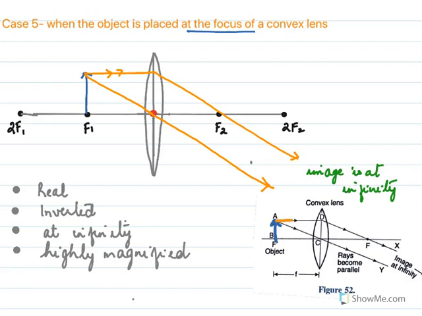We have two rays, one going parallel, after refraction passes through the focus, and one through the optical center, and the rays are parallel, and because they are parallel, we say that the image is real, inverted, at infinity. The rays do not meet, so we assume they meet at infinity. The image is formed at infinity. So this was case 5.